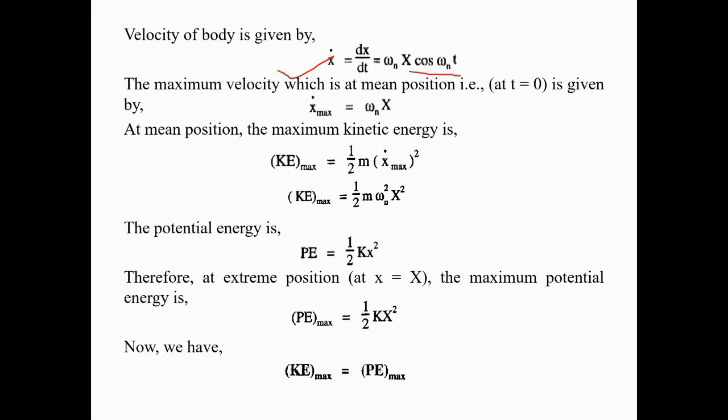It means the maximum value of velocity x dot would be equal to omega n into X. So by putting these values of maximum velocity and maximum displacement in the equations of kinetic energy and potential energy, we can get the maximum kinetic energy and maximum potential energy.